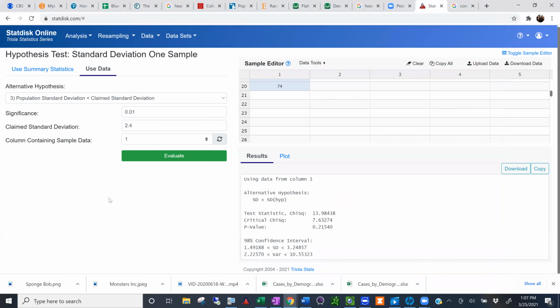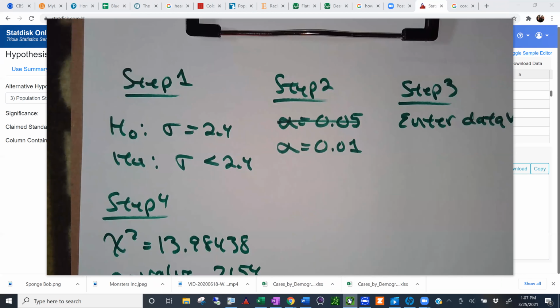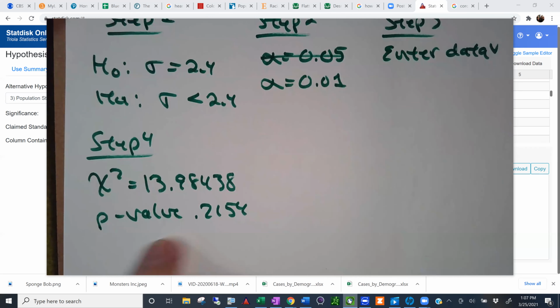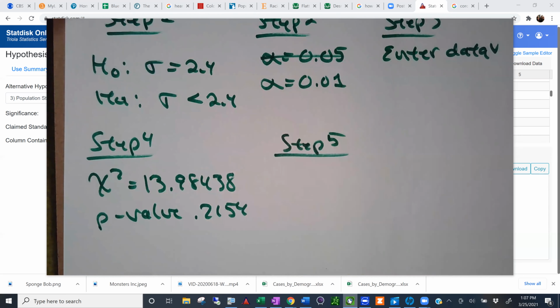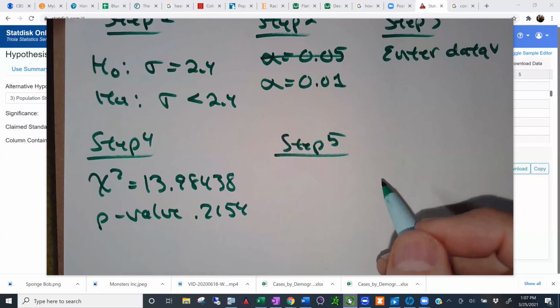Yeah, you're welcome. All right, so step 4 gave us our p-value. What's step 5? Reject or do not reject. Should we reject or not reject?